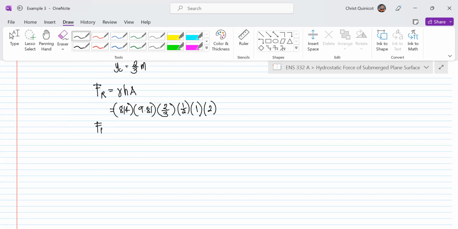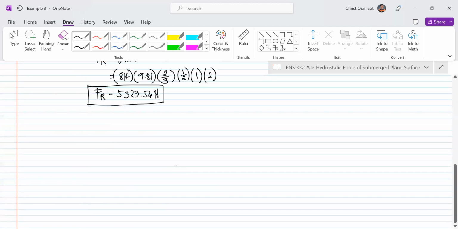So our resultant force is equal to 814 times 9.81 times 2 divided by 3 times 0.5 times 1 times 2, which is 5,323.56 Newton. So this is the magnitude of our resultant force.